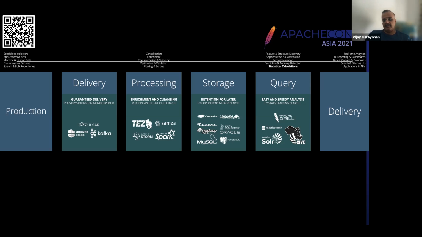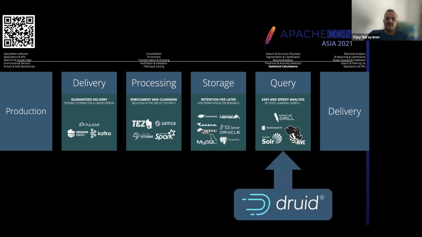The querying is where Druid fits in. Querying is all about slicing and dicing the data, doing ad hoc metrics, using ad hoc statistical calculations. This is where Druid fits into the whole pipeline.